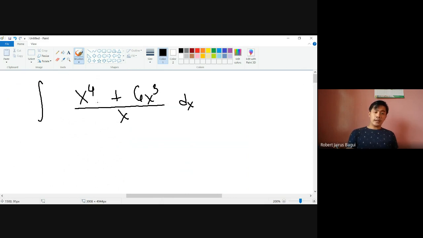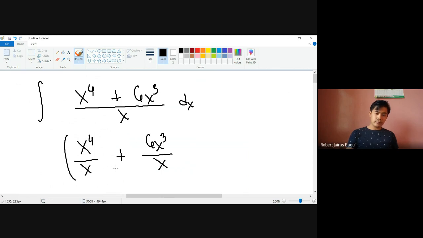So itong equation na ito can also be written as x raised to 4 all over x plus 6x cubed all over x dx. So parang pinaghiwalay ko lang yung denominator.